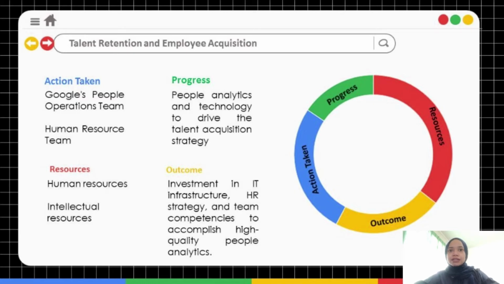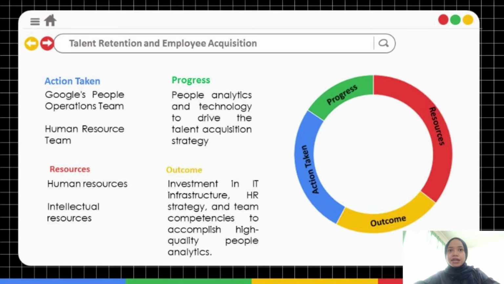Human resources and intellectual resources are two key resources that are very vital for this strategy that the organization should focus on. They are recognized for hiring the most outstanding and most talented people in the industry, paying the employees well, and retaining the talent.